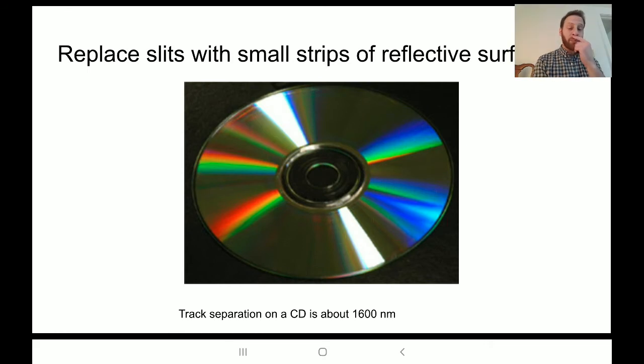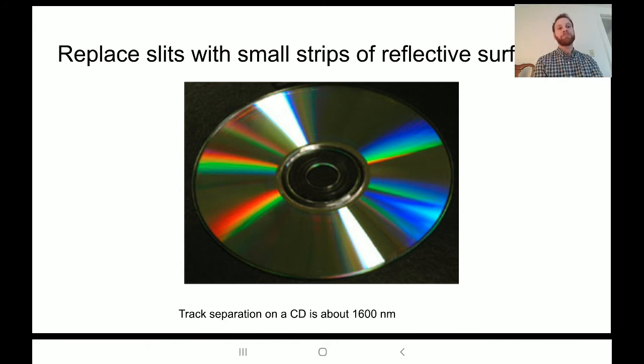And I guess the last thing I'll point out is, yes, you can get this kind of effect with a diffraction grating. That is to say, little slits in a material that light is going through. But you can also get the same effect if instead you have a reflective surface, or it's partially reflective. So suppose that it's rough, it's like wood or something not very reflective, but then you put little pieces of reflective material at the same spacing.